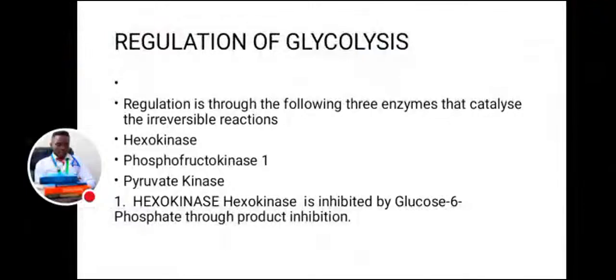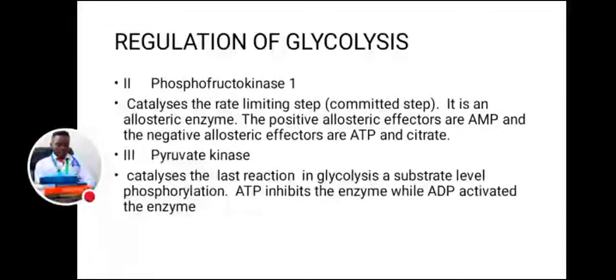Alright, so hexokinase is inhibited by glucose 6-phosphate through product inhibition. Then the second one we have, phosphofructokinase 1, that is done at reaction number 3, which catalyzes the rate limiting step, the committed step.